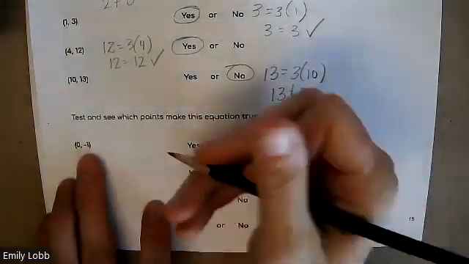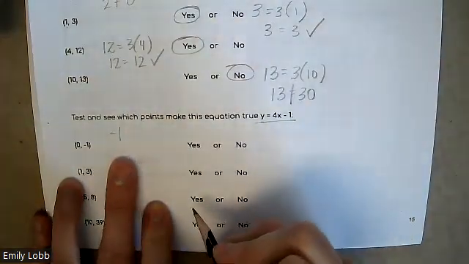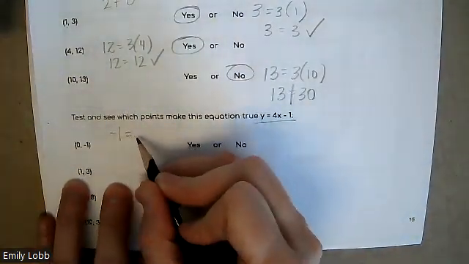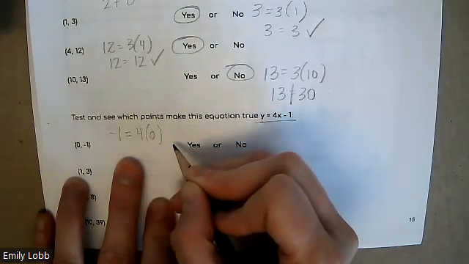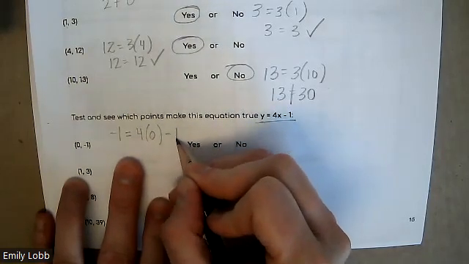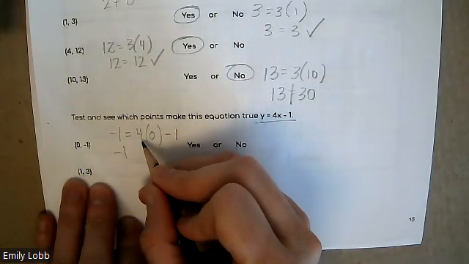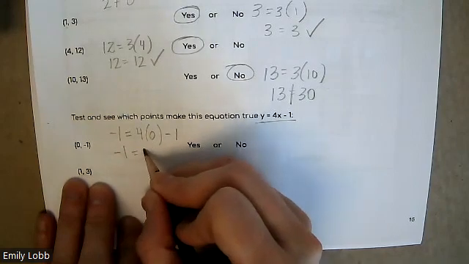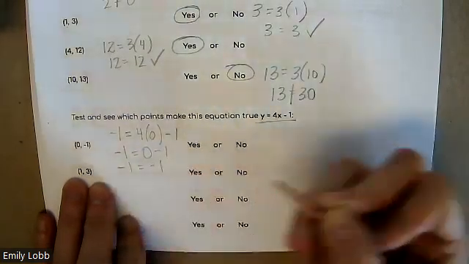Ready? -1 is y. We have a new equation, so don't go back to the old one. 4 times 0 minus 1. So this is -1. This is 0 minus 1. Does -1 equal -1?